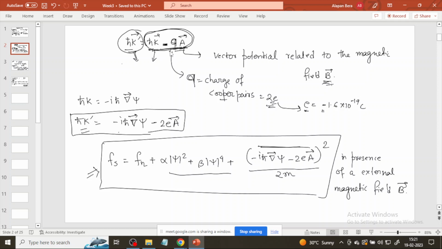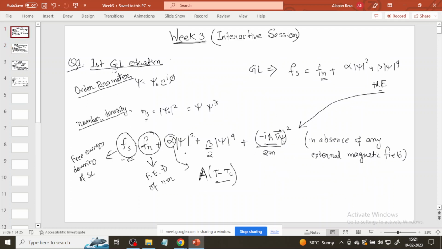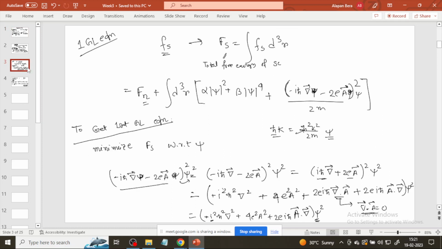So now we put the modified momentum term here. In the place of q, we put the total charge of a Cooper pair, that is given by the charge of 2 electrons, 2e, and then we put this term back into this equation in place of this term. Because this is now modified, by putting that in the equation, we get the final free energy density.